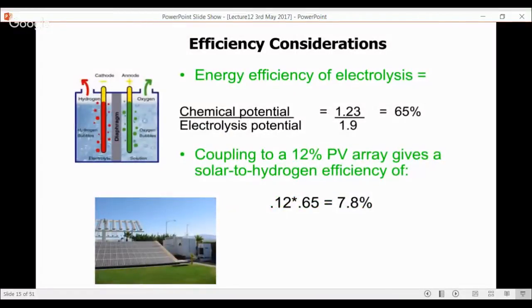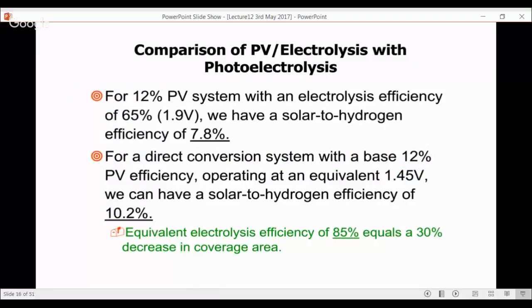The chemical potential we get is 1.3, but the electrolysis potential is 1.9. So that itself is only 65% efficient. Coupling to a 12% photovoltaic array gives 12% times 65%, which is 7.8%. So this is the net efficiency that we can get.